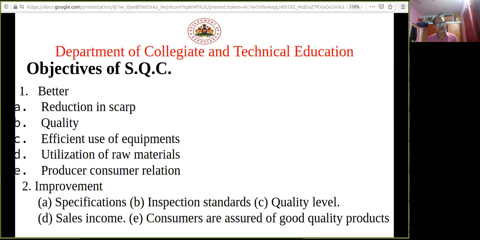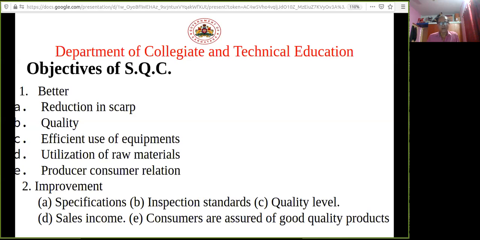When we use these tools, naturally we are going to obtain quality products. The next is the efficient use of the equipment, because the SQC says that the company needs to maintain the equipment. When you maintain the equipment, naturally we can use it efficiently.